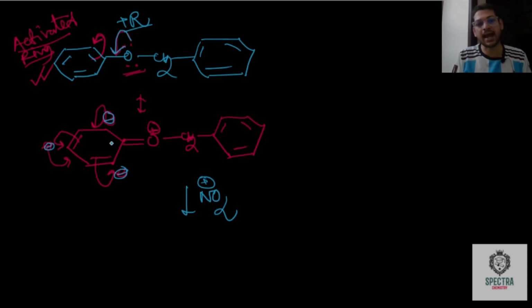So the ring is activated, but the problem here is the ring is not activated at all positions. Sir, which positions are more activated? This position, this position, and this position.